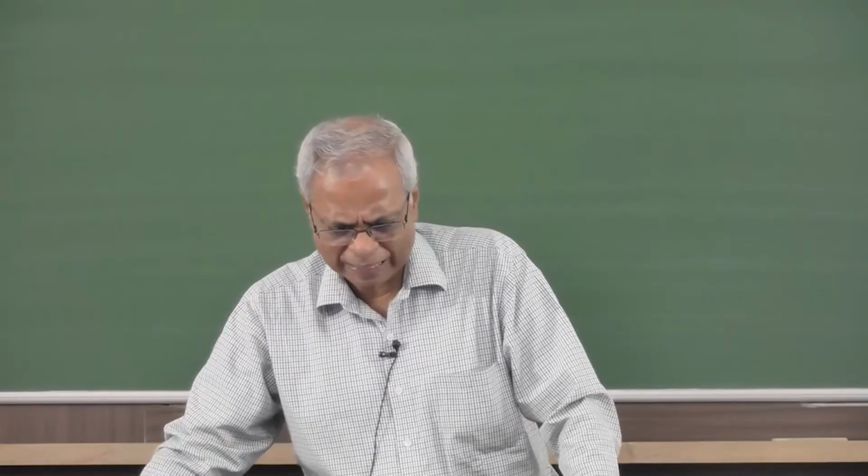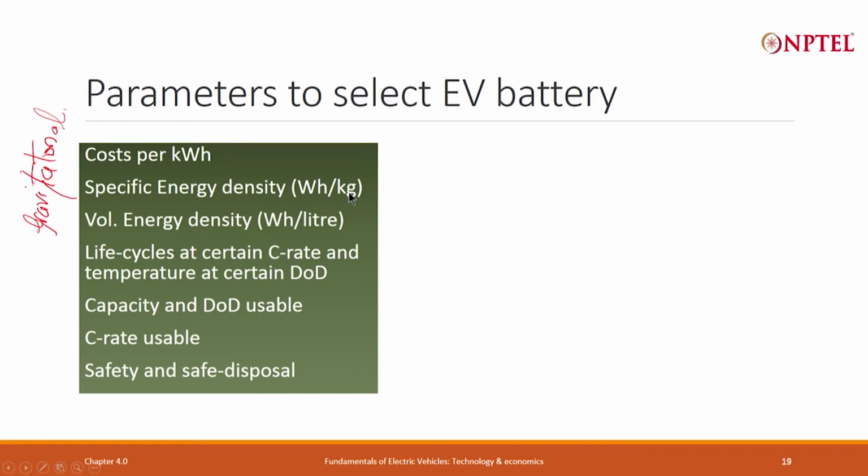One of the parameters that makes most difference is called specific energy density, sometimes also called gravimetric energy density. It is defined in terms of watt hour per kg. Why? Because almost all the items which use rechargeable batteries are something that you carry along.